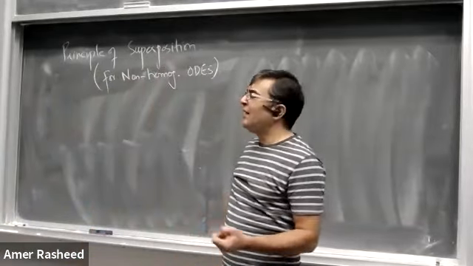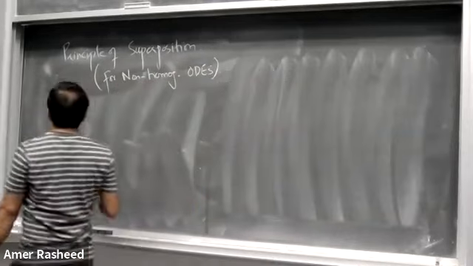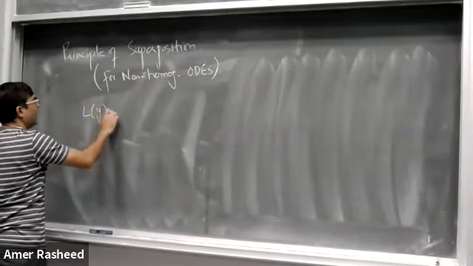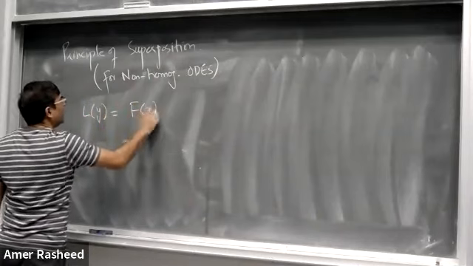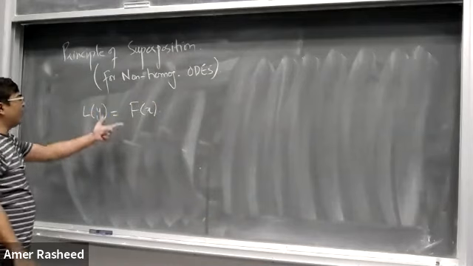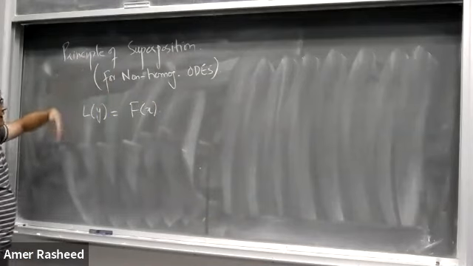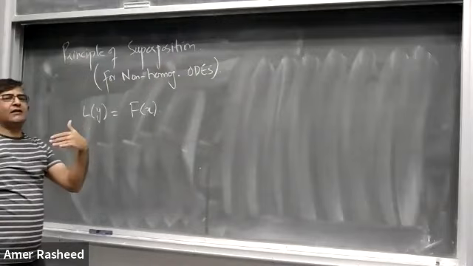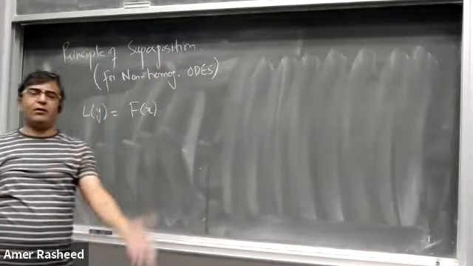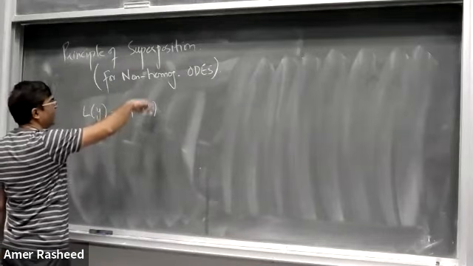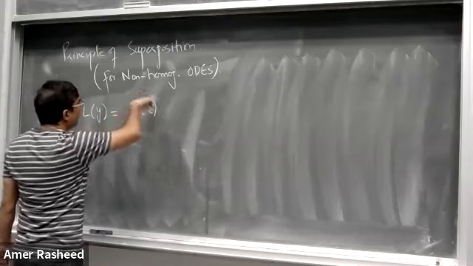Suppose the left-hand side is an operator L of y, and the right-hand side is f of x. I told you previously that we can write the general nth order linear ODE in this form, L of y, where L is the linear operator. Now, the important thing is the right-hand side function.